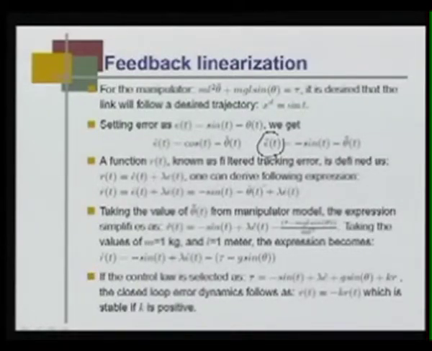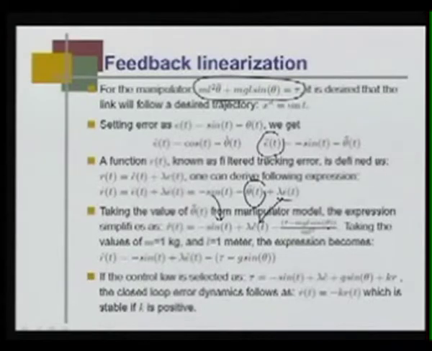So, here this theta double dot t can be taken from this expression, which is tau minus m g l sin theta upon m l square. So, this is theta double dot; minus sin t is retained here, and lambda E dot is retained here.